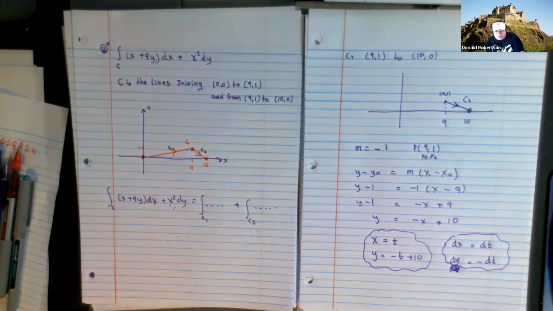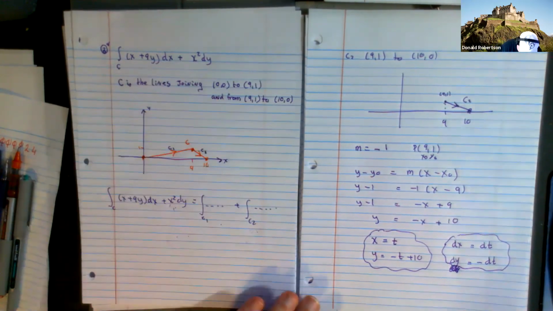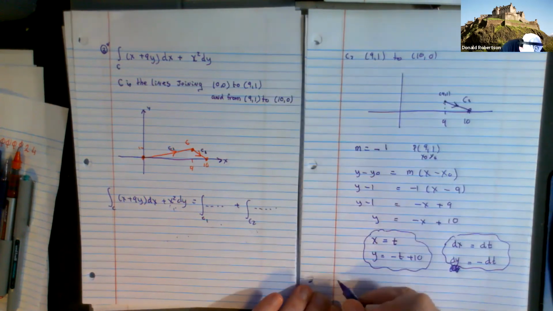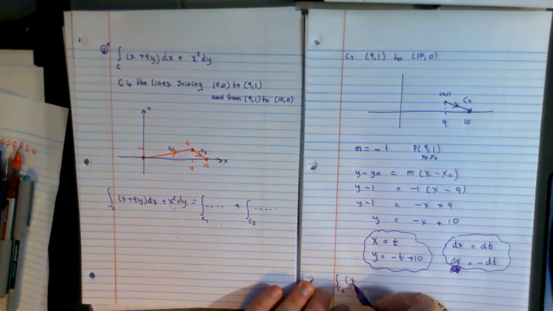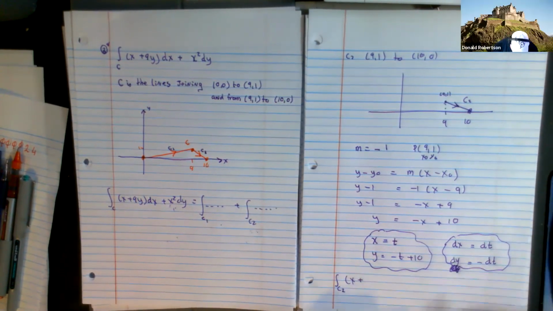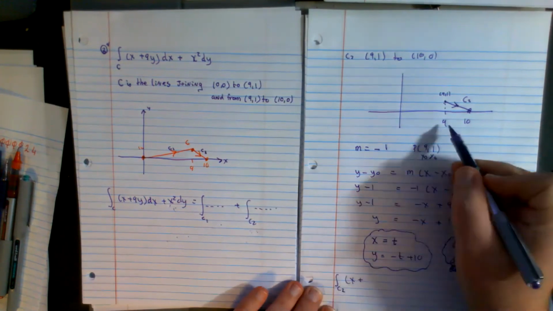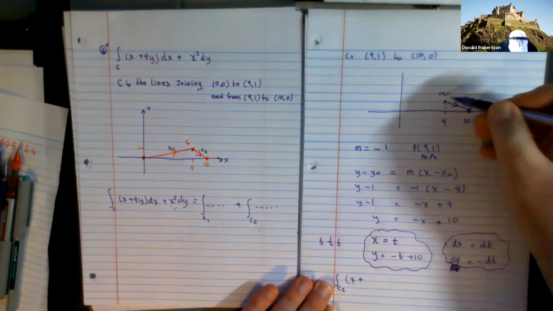Are you okay with that? Okay, so what do we have? We still have this fella, but we're now going to do it over C2. So it's going to be the integral over C2. Would our evaluation of t still be the 0 to 9, or would it be? Oh, you're right. I forgot to put that in. What are the range of t's to make this fella happen?